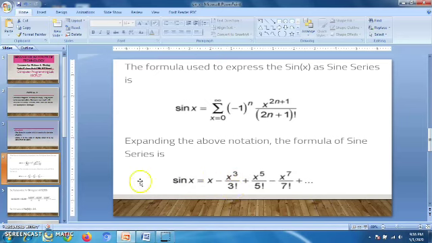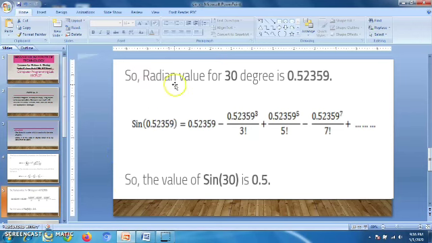Next we'll see one example. Let us consider we want to calculate the value of sine of 30. As I told you, to calculate the value of sine of x using the Taylor series approximation, you have to convert the angle in degrees into radians. If the angle in degrees is 30, converting it into radians gives 0.52359 something.